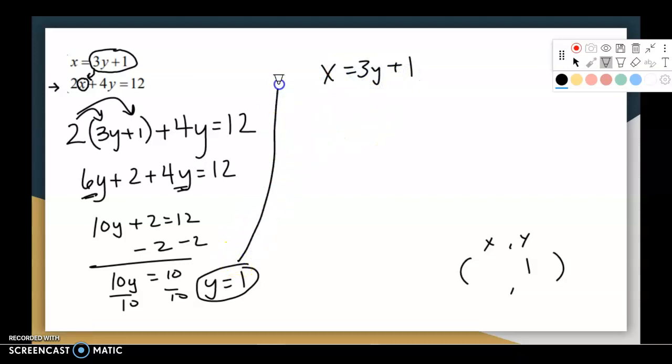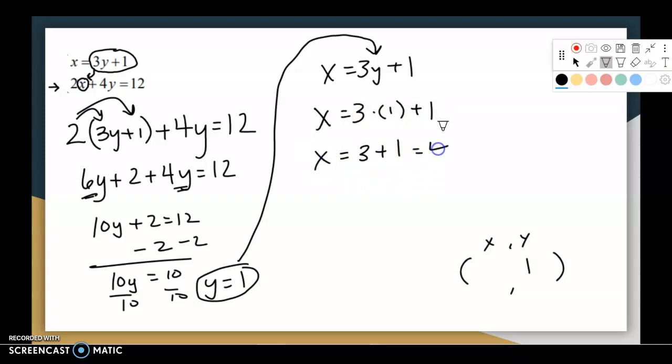So I'm going to take y equals 1 and substitute it in up here. I have x equals 3 times 1 plus 1. 3 times 1 is 3. 3 plus 1 is 4. So my x value is 4. My y value is 1. If I were to graph these two lines, they would intersect at the point 4, 1. And that is how you solve a system by substitution.